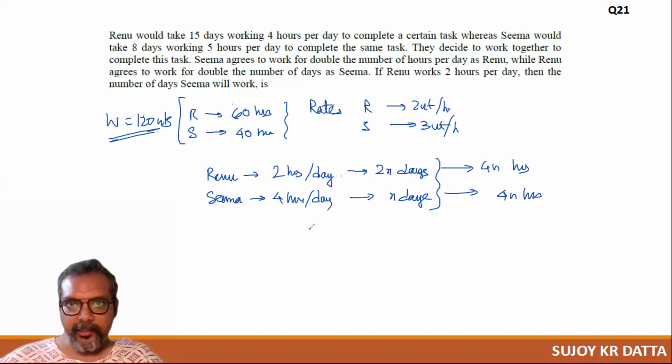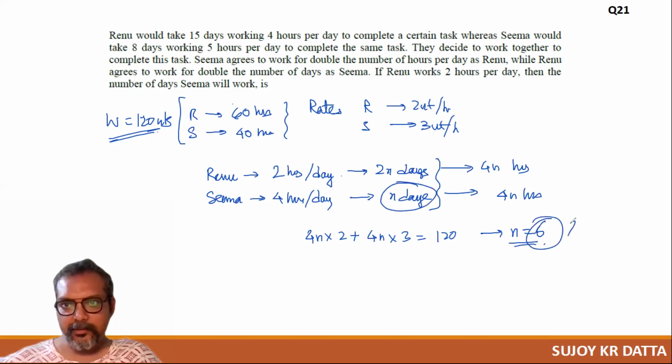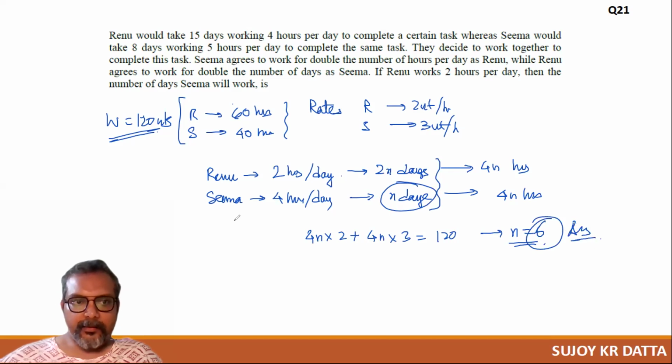So in 4n hours, Renu will complete 4n times 2 and Seema will complete 4n times 3. That should be 120. So 20n is 120, n is 6. The question is asking the number of days that Seema will work, n days. So 6 is the answer. Let's go to the next one.